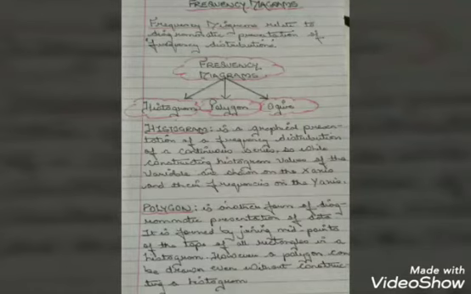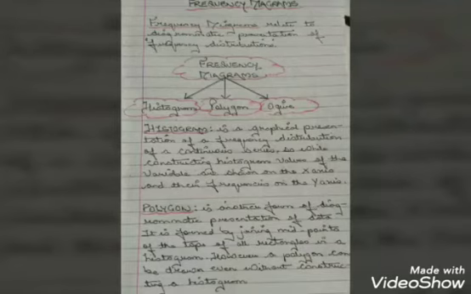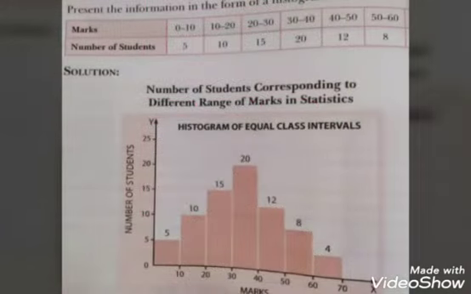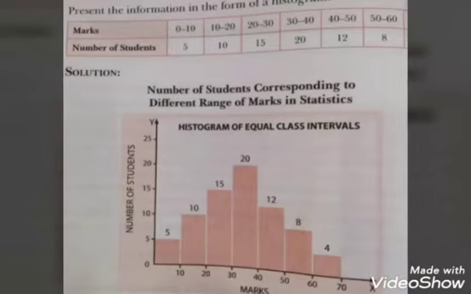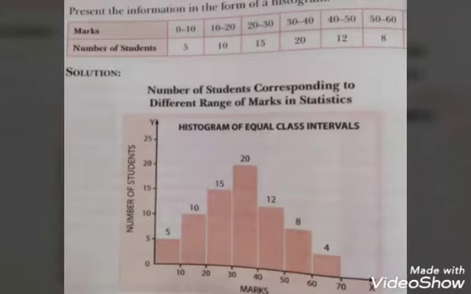In case the data is in the form of an inclusive series, the data is first converted into an exclusive series and then presented. Now children, if you see the diagram of a histogram, here there is a series with equal class intervals, which makes rectangles of equal width. That means the heights of the rectangles would be different in proportion to the frequencies of their class intervals.